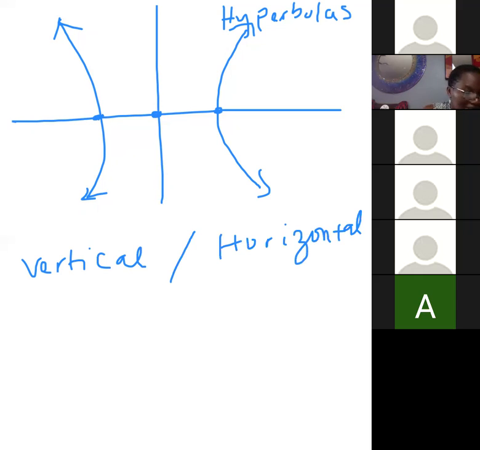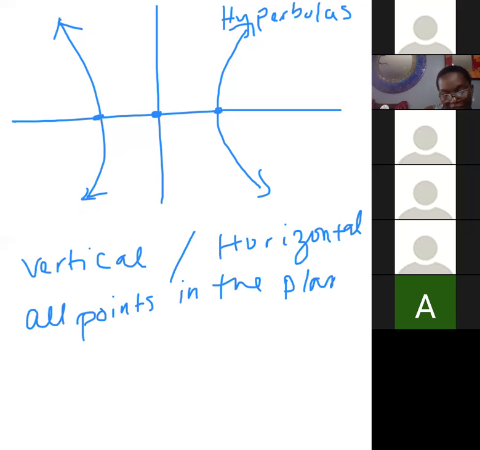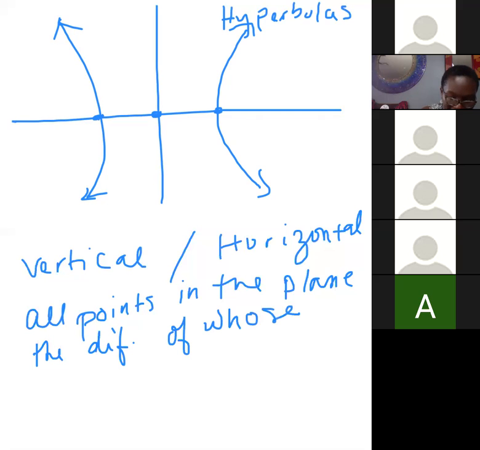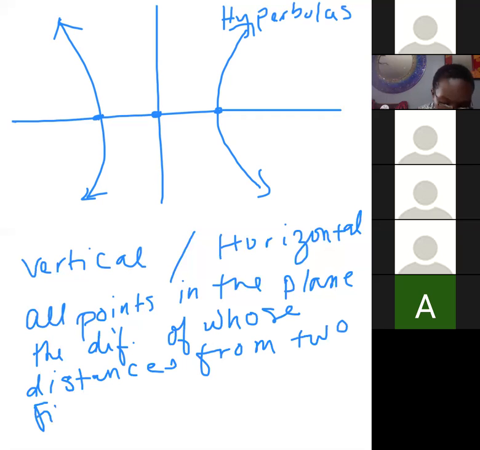Okay, ooh, I didn't do a definition. So the hyperbolas, guys, they represent all points in the plane, unlike the ellipses, okay? The difference of whose distances from 2 fixed points. What do we call those 2 fixed points again?